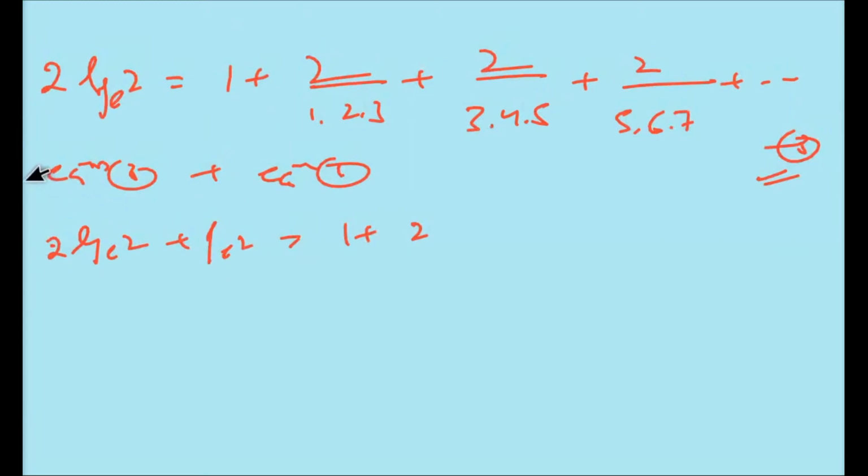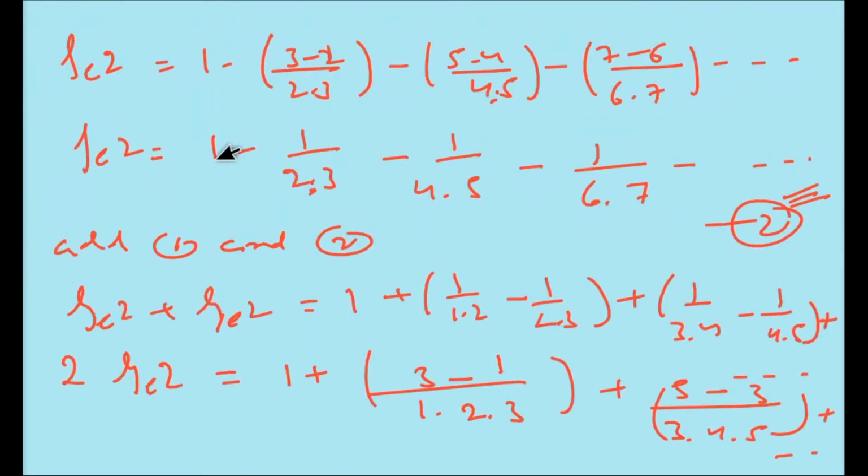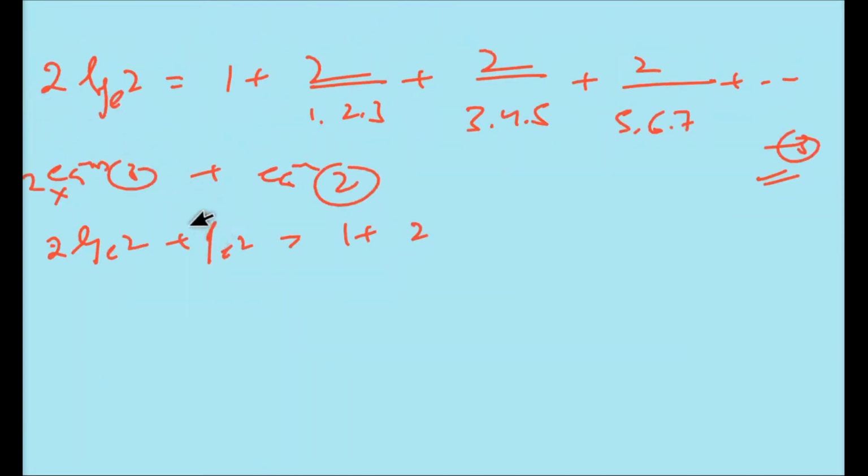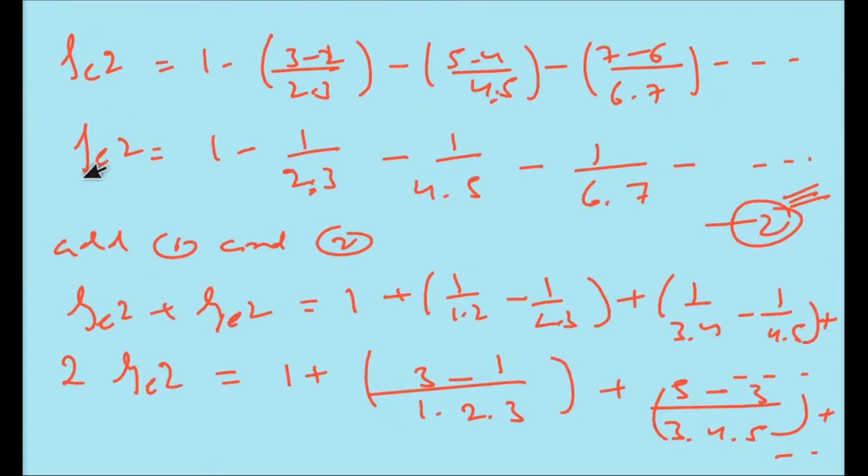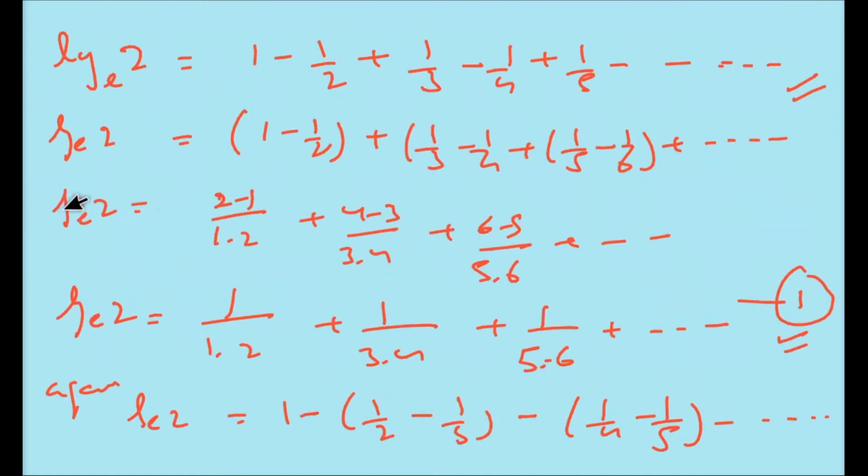Let us add 2 into equation 1 and then add equation 2. What do we get here? Equation 2 is 1 minus 1 upon 2 into 3, and we multiply equation 1 by 2, giving 2 upon 1 into 2, 2 upon 3 into 4. Okay, this way.